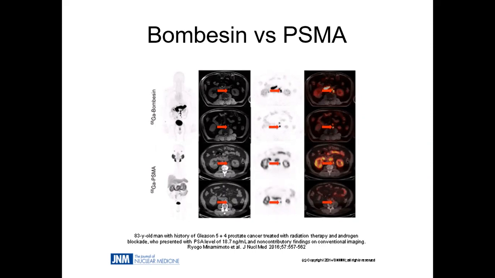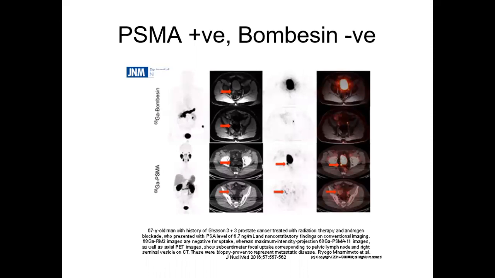And here you can see very nicely a periaortic chain of nodes marked up in the PSMA scan, which you can't see in the bombesin. But there was a subgroup of patients who were bombesin positive and PSMA negative. And it may be in the future that we'll need two therapeutic agents, one labeled for bombesin and one labeled for PSMA.